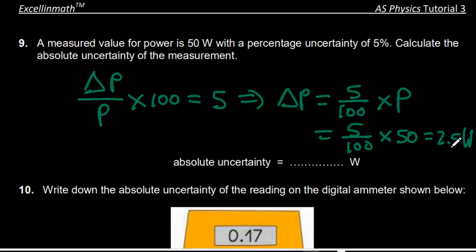Here we have two significant figures. And since the digit after the decimal point is 5, we can round it up to 3. So then the absolute uncertainty with one significant figure is 3 watts.